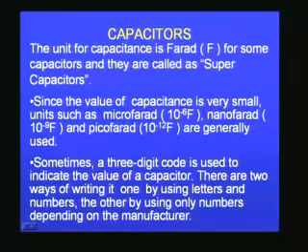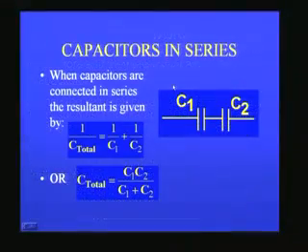Just as resistors, capacitors can also be combined, in series, as I have shown here. For example, C1 and C2 are connected in series, and the formula you use is much closer to the parallel combination of resistors, that is 1 by C total is equal to 1 by C1 plus 1 by C2.